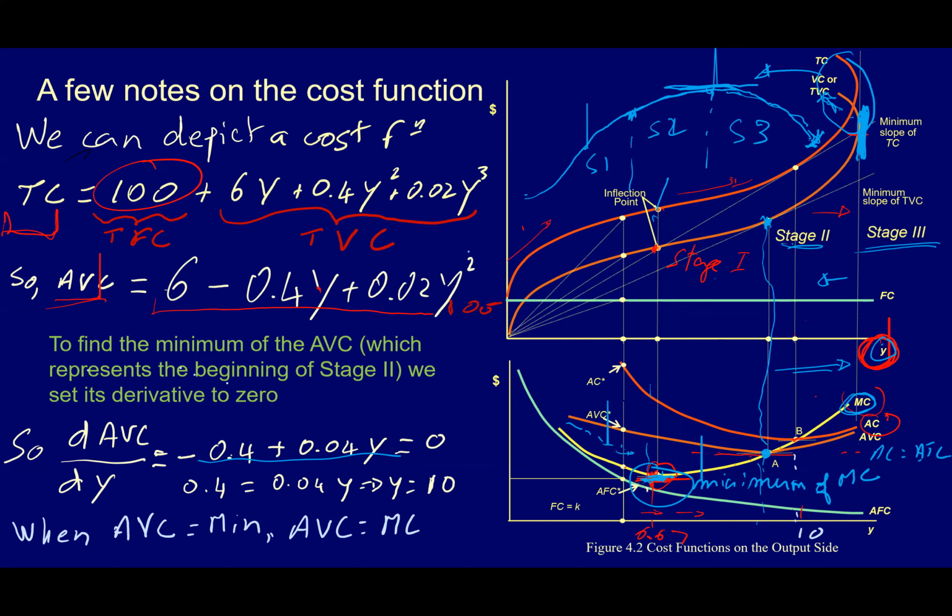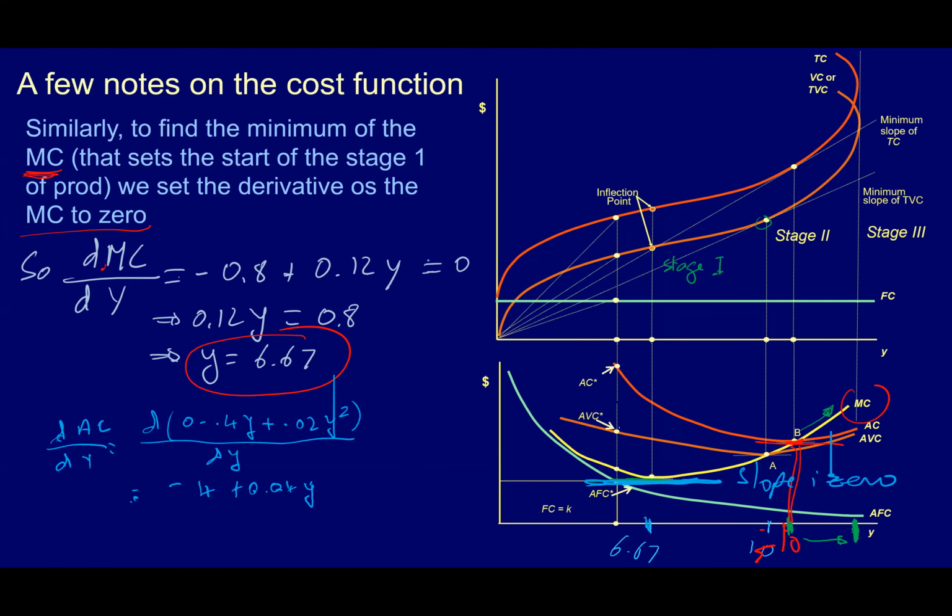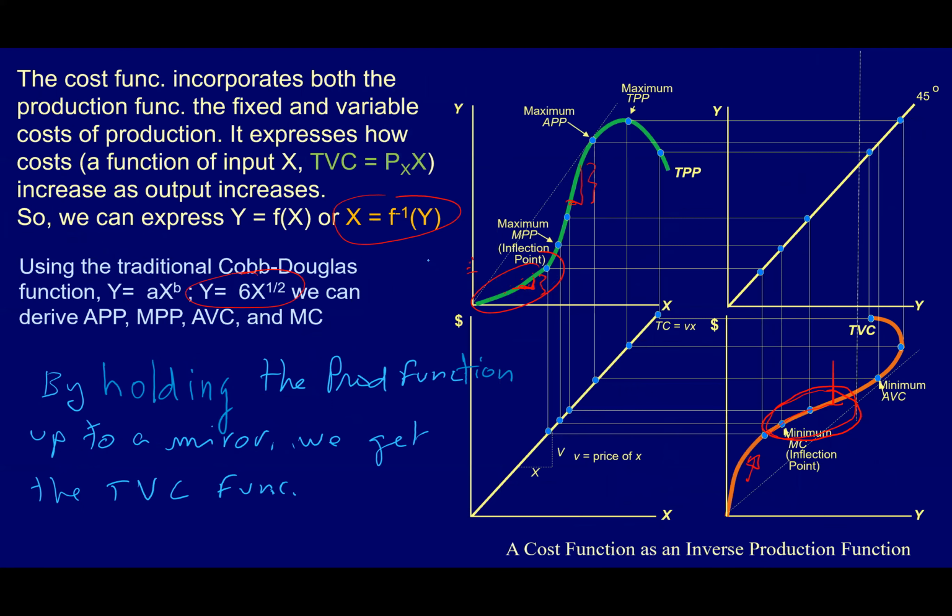Of course, for the derivative, we multiply 2 by 0.02, that will give us 0.04.